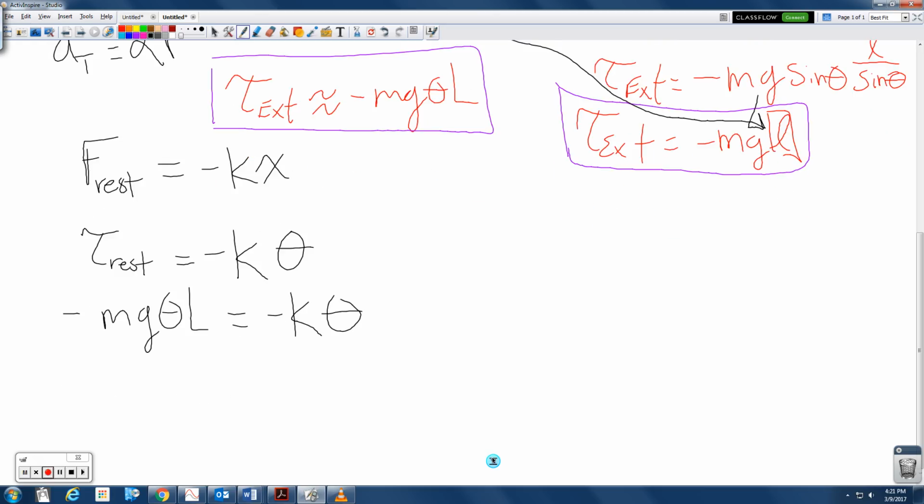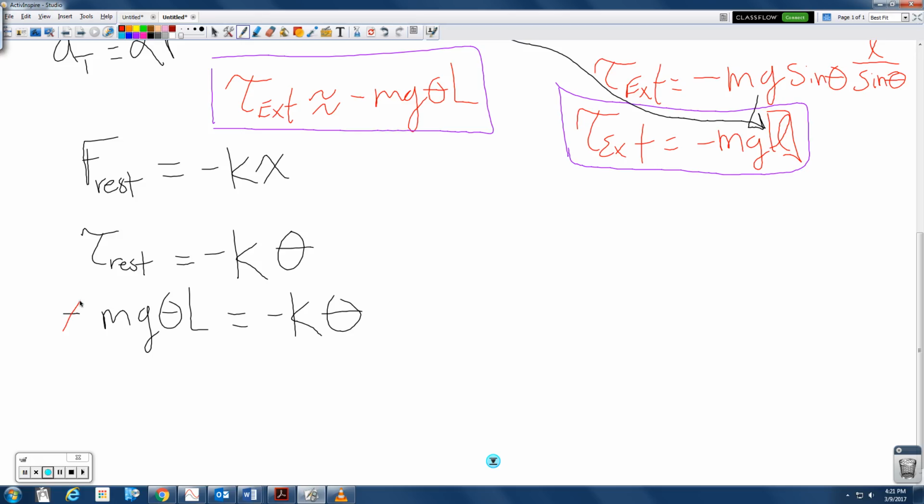Now what? Well, this value for the torque that we found, minus mgL theta, we can use to relate, as we've done with Hooke's law, to figure out how we can use k. So let's simplify this from what we have.